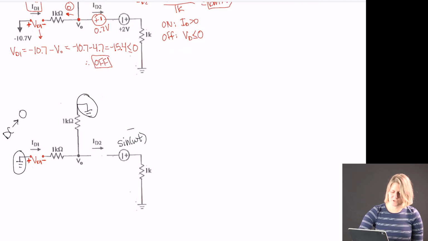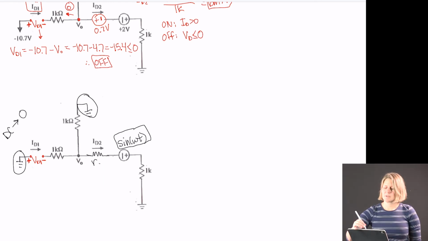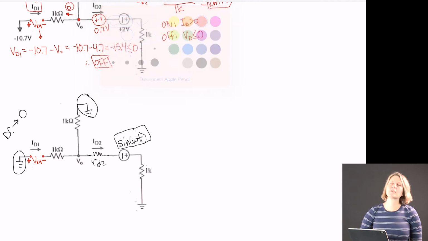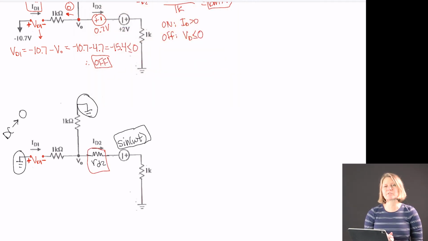And here we're going to replace this with that small RD2. So the model for the AC is to replace it with just a resistor.